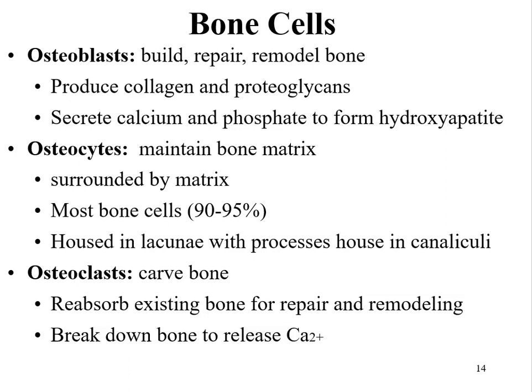necessary. They lay down the extracellular matrix of bone by producing collagen fibers and proteoglycans. They then initiate calcification by secreting calcium and phosphate ions to form a crystal called hydroxyapatite.